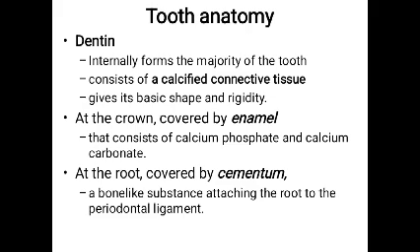It consists of a calcified connective tissue and gives its basic shape and rigidity. The crown is covered by enamel that consists of calcium phosphate and calcium carbonate. The root is covered by cementum, a bone-like substance attaching the root to the periodontal ligament.